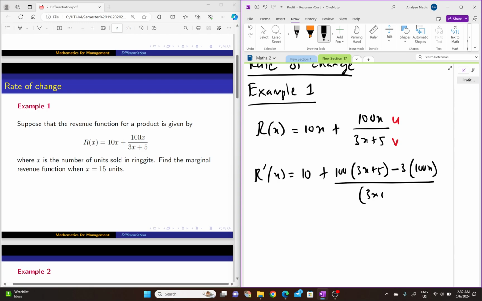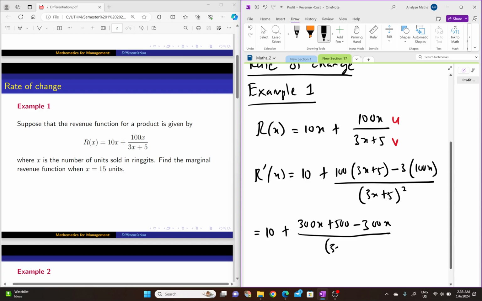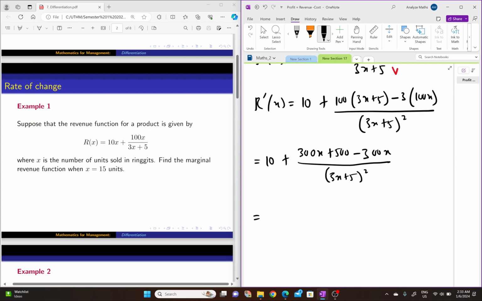divide by V square. And if you simplify this, you will end up here.